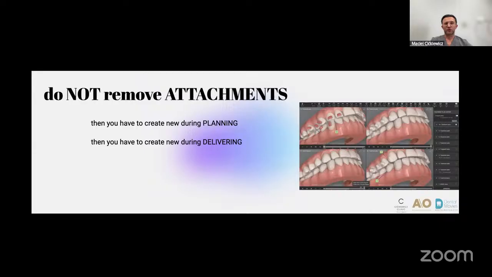If you also want to limit losing time, do not remove attachments by the CAT, and sometimes it happens automatically when doing the prescription. So then you have to create them new during planning, and then you have to create new ones during delivering.